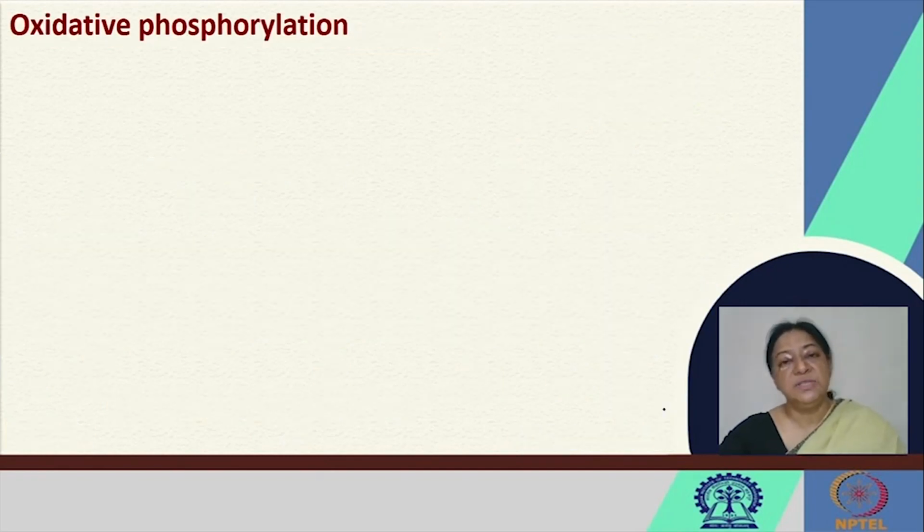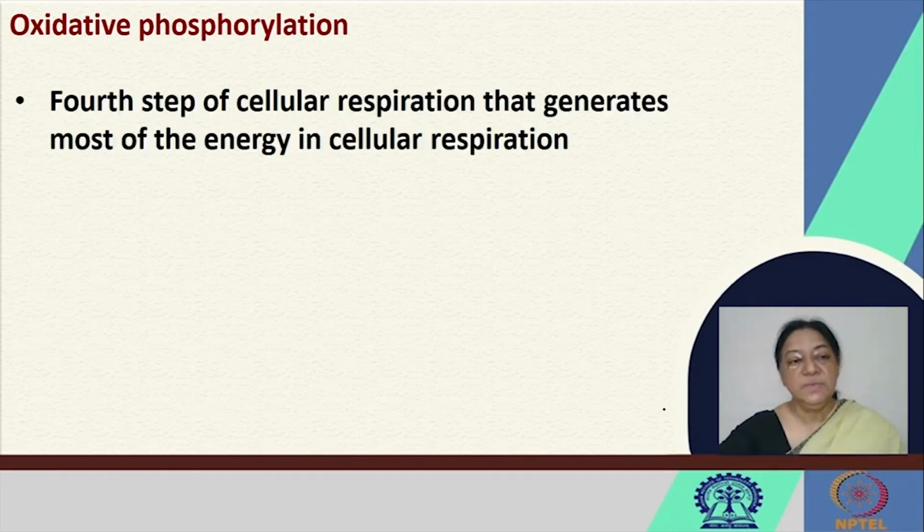The process of oxidative phosphorylation itself is the fourth step of cellular respiration, and it generates most of the energy involved in cellular respiration.